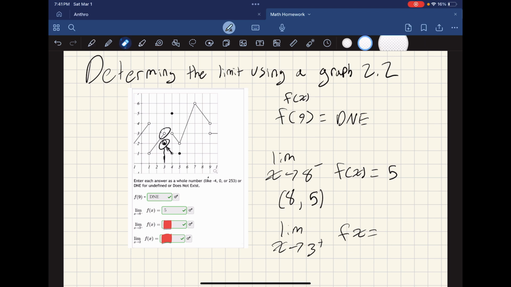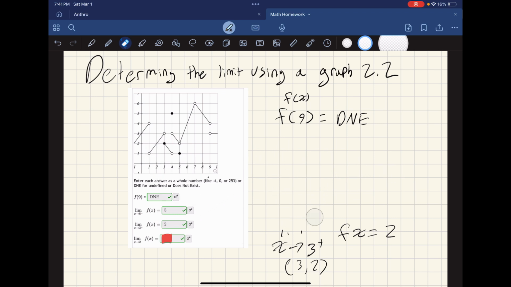When it ends up at a closed circle, that's going to be our answer. Here, 3, 2 would be our coordinates for this point. So our answer is going to be 2. And just to verify, we'll reveal the answer. Yep, it's 2.